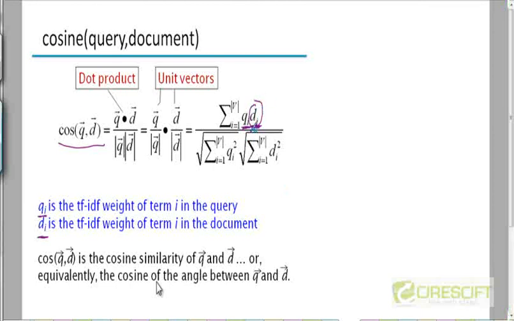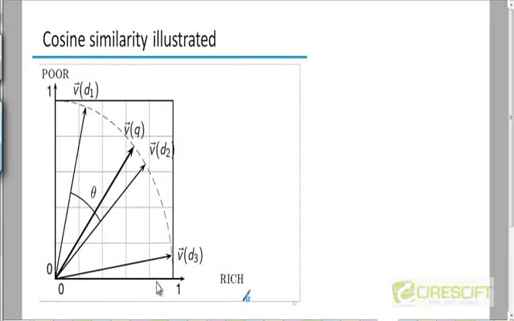So if you convert them into unit vectors, you'll have a unit circle and all the vectors lying along this unit circle, or in general along this v-dimensional surface.